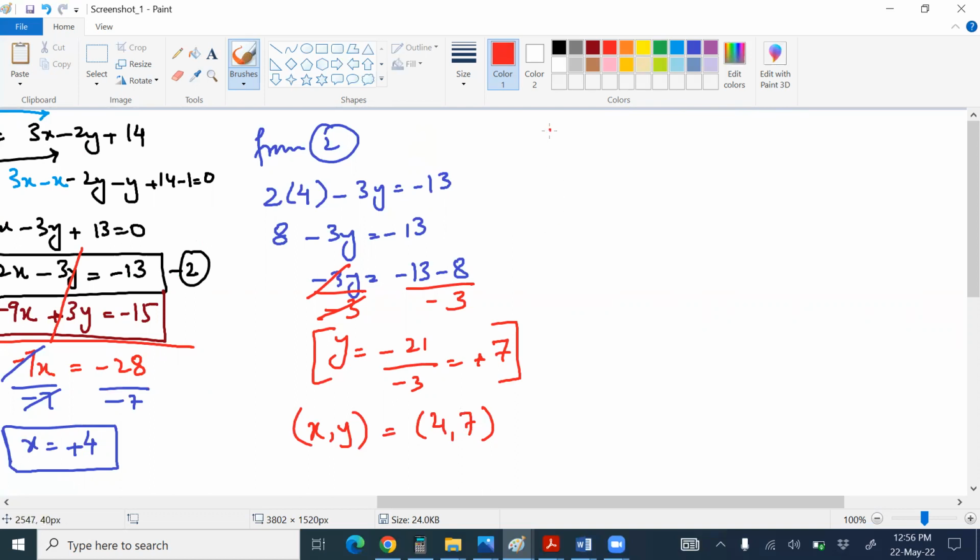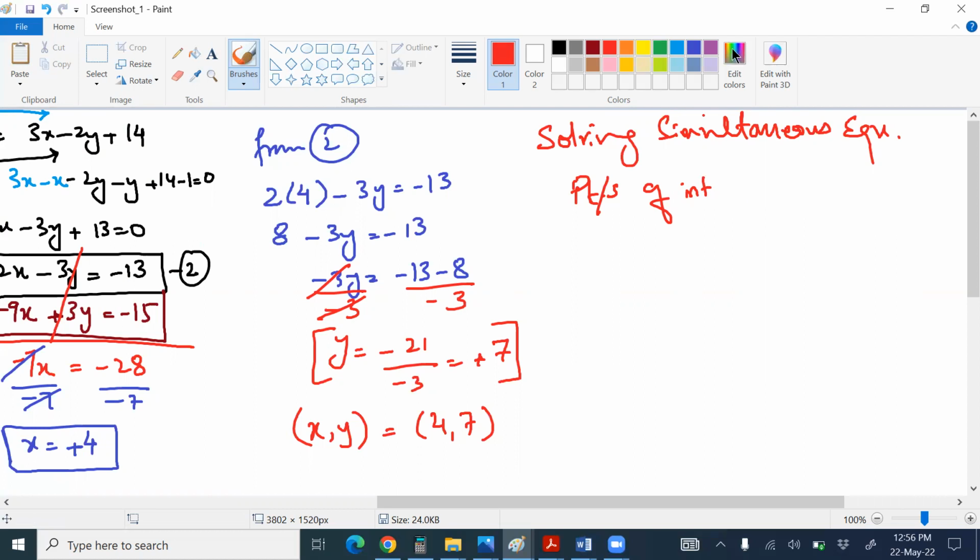Remember, whenever we are solving simultaneous equations, we are basically finding their points of intersection. When I said points in the plural, it means if we have a curve and a line, then they may intersect at more than one place. So point or points of intersection.